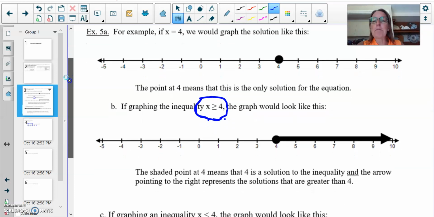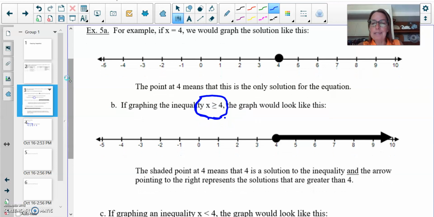And then any number bigger than 4 is also part of the solution, and we show that by having an arrow that points towards the right. So the shaded point at 4 means that 4 is a solution to the inequality, and the arrow pointing to the right represents solutions that are greater than 4.